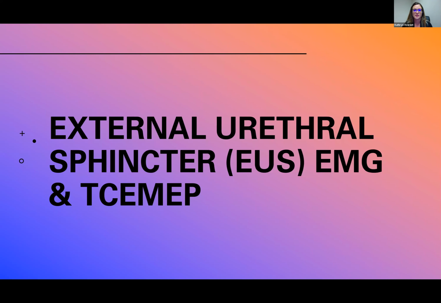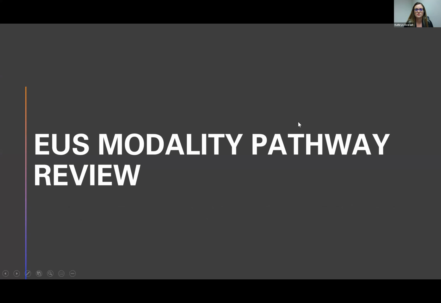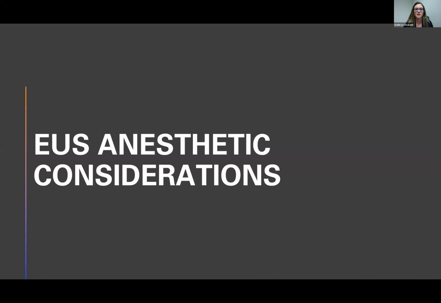All right, and then external urethral sphincter EMG and motor evoked potentials. Do you feel that adding this monitoring to your current setup would be technically challenging? Quick review. I think Faisal covered this fantastically, so I'm going to skip through it so we have time to get to 2 case studies.